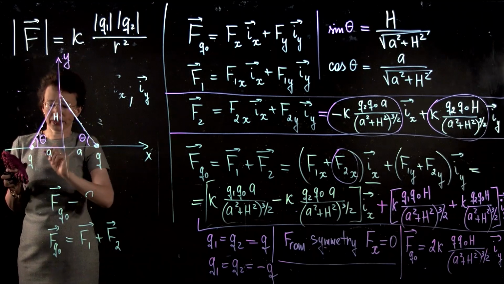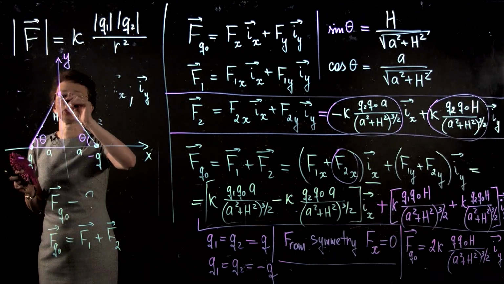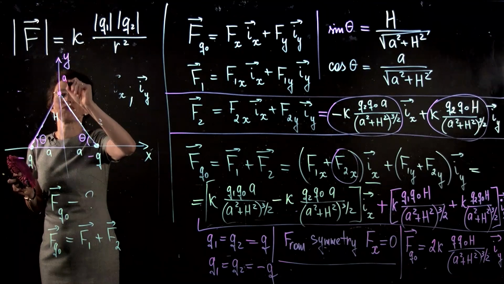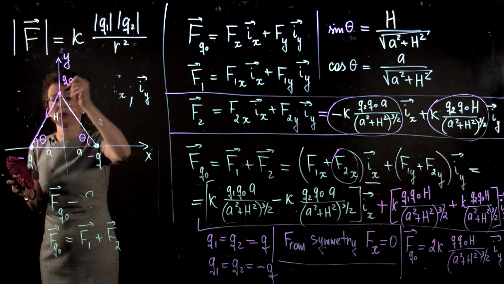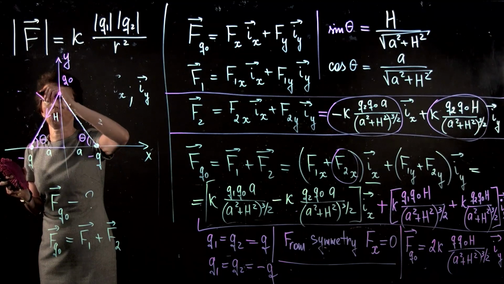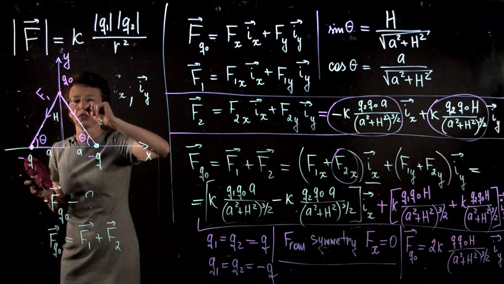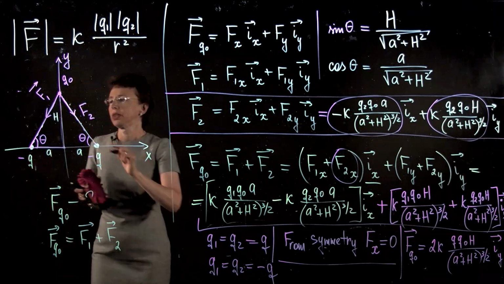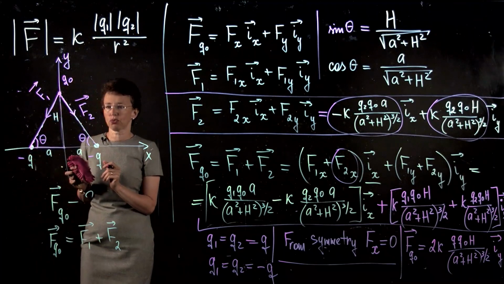This is y. This is minus Q now. This is still Q naught. What will be the forces exerted on Q naught? The force will be attractive now. We still call this one F1, and this will be F2. Now forces F1 and F2 will be attractive forces.